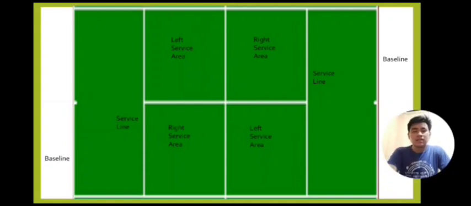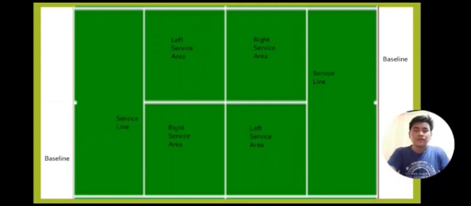Then their goal is to land it in the right service area of their opponent. Meaning, if you are the server, then you have to land the ball into the left service area.